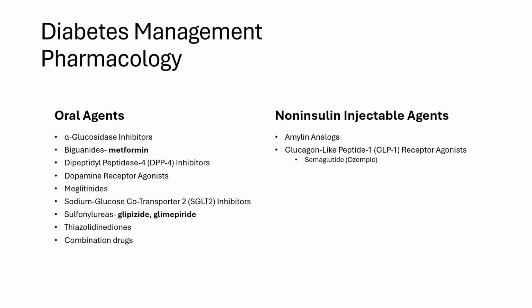Metformin is the most effective first line treatment for type 2 diabetes. It's available as immediate release, extended release, and liquid forms. It reduces glucose production by the liver. It enhances insulin sensitivity and improves glucose transport. It may cause weight loss, and it's used in prevention of type 2 diabetes.